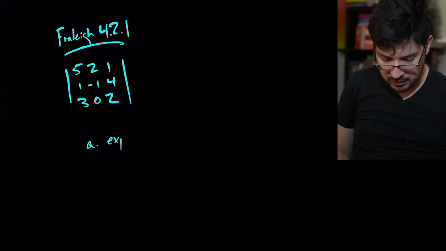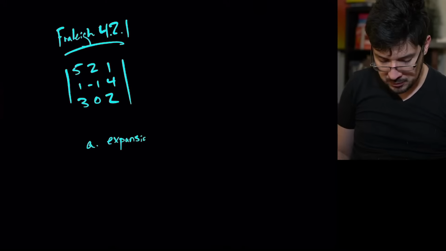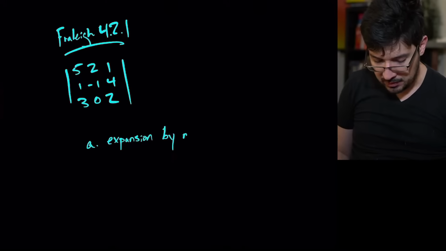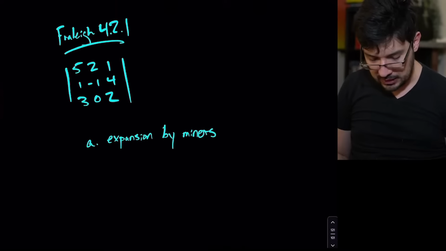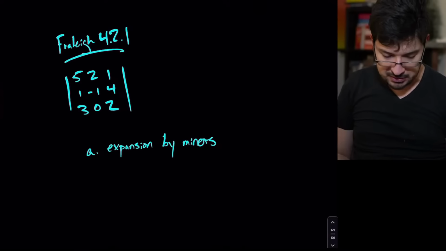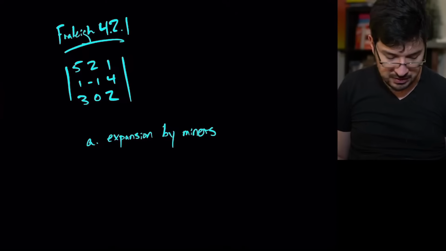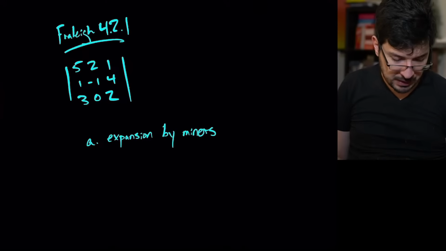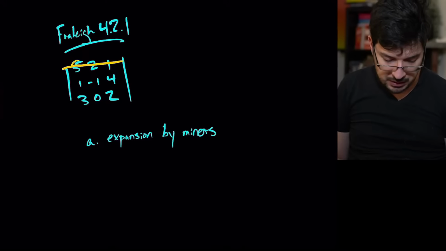First, expansion by minors. Not like the Epstein minors, but just minor cofactors of the matrix. So I'm going to expand along this first row.